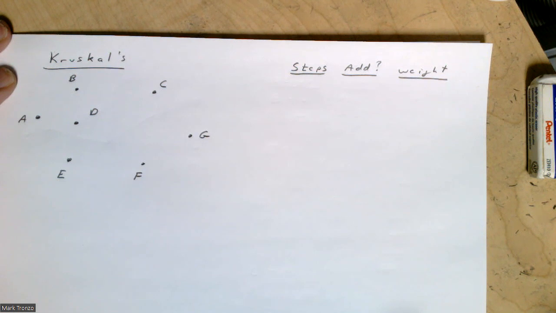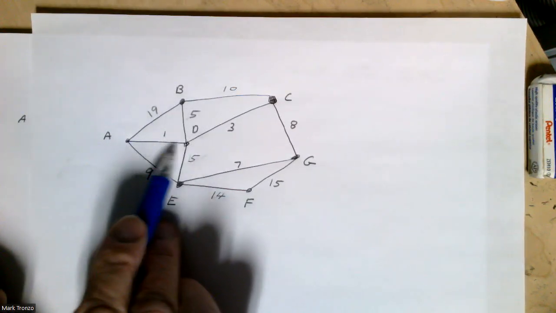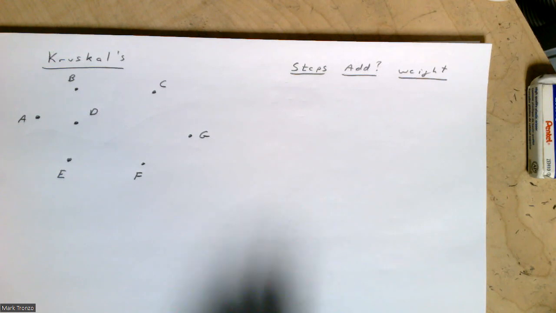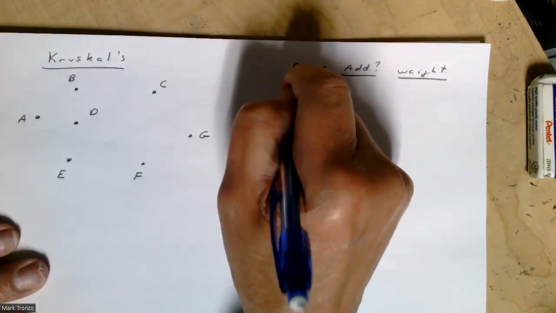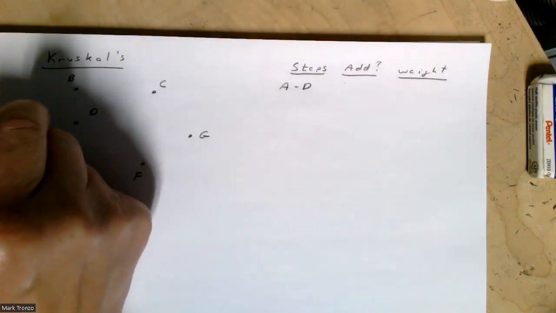So again, let's go through this. And again, remember for Kruskal's, we start with the smallest. Let's look at our graph here. Start with the smallest one, AD. And yes, we'll add that.